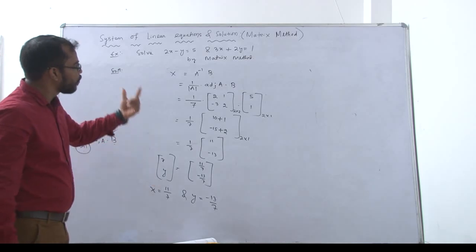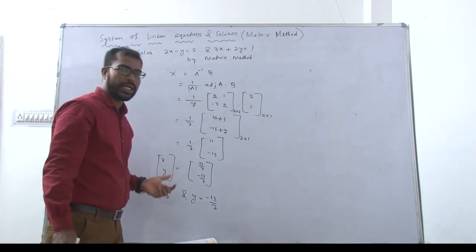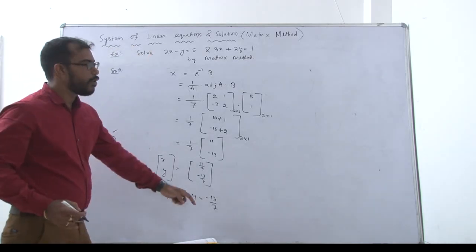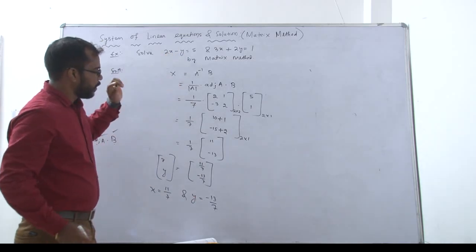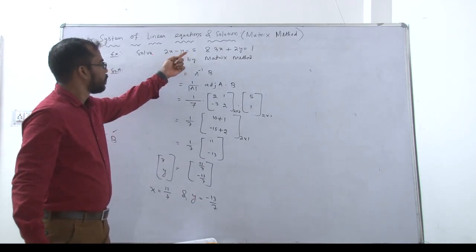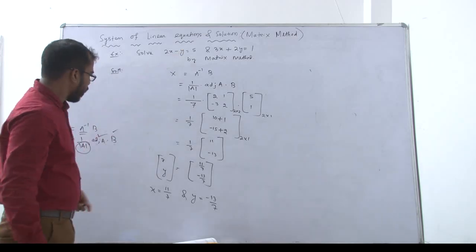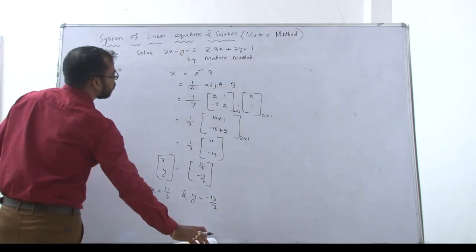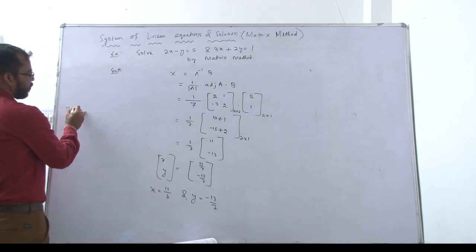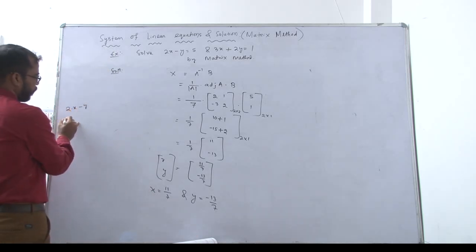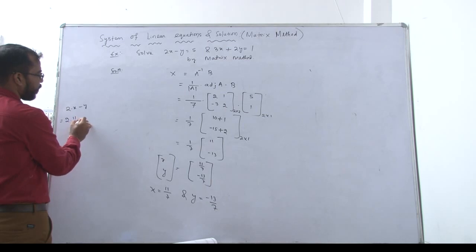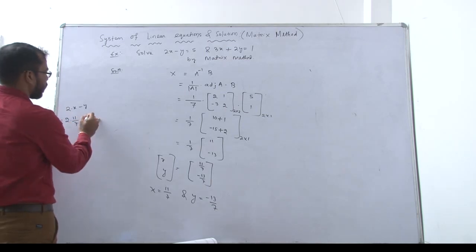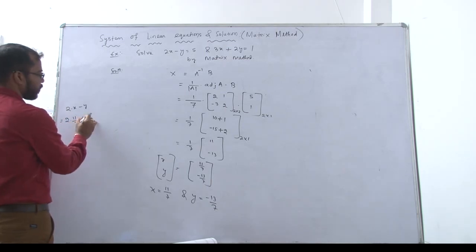So this is the solution of the variables x and y of the given system. How to check whether the answer is correct or not? If we put the value of x and y, then we get the value of the right side. Now we have to check that it's correct or not. So here we have 2 into x minus y. If we put the value of x, that is 11 by 7, minus y, that value is minus 13 by 7, that means plus 13 by 7.